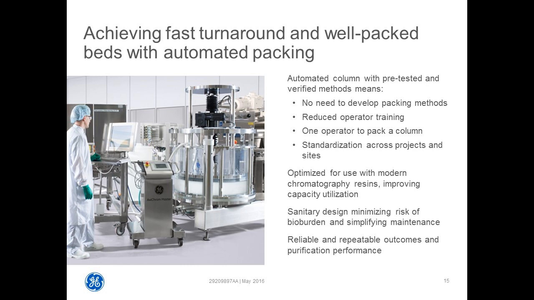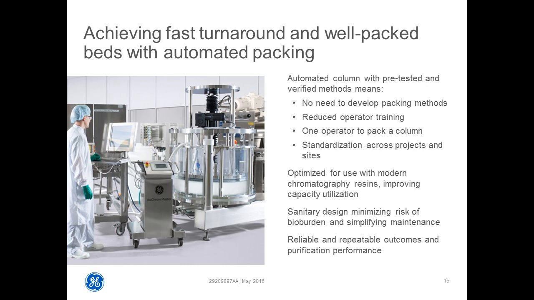The most recent development as far as packing beds has been the transformation towards using automated columns for achieving this result. Right? Why an automated column? An automated column is really helpful in order to address some of the pain points that we talked about. A lot of the time these automated columns employ axial compression technologies, which are more suited for modern resins.